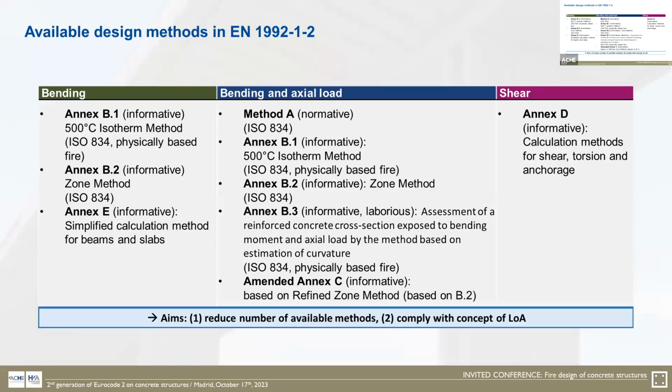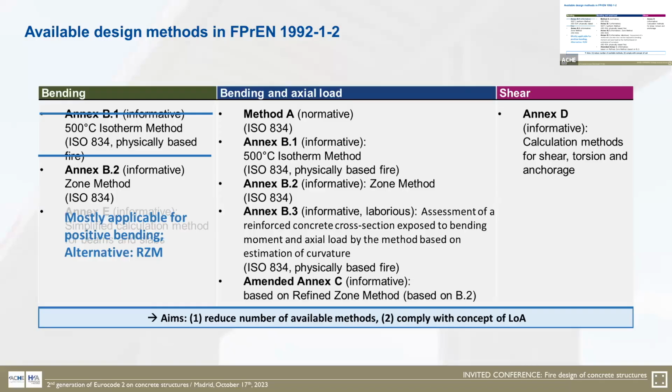In the case of bending and axial load, we clearly understood as time went on that the method didn't work for columns, especially in the case of a significant effect of the axial load. So the problem I was mentioning before, when you are at risk of buckling, you cannot simply go into the cross-section and look at what happens in terms of compression force and tension force. Things are quite more complicated.